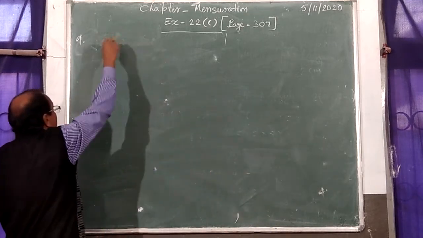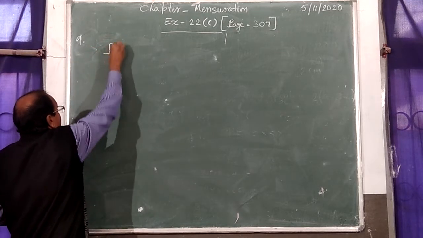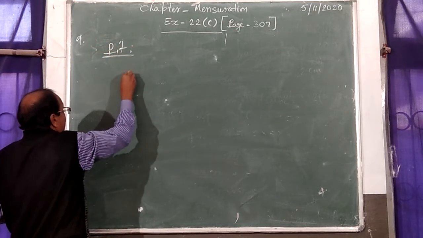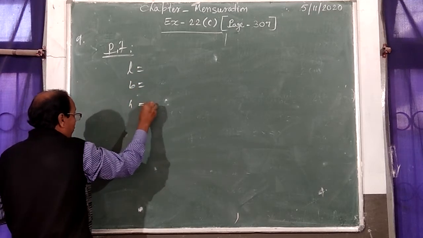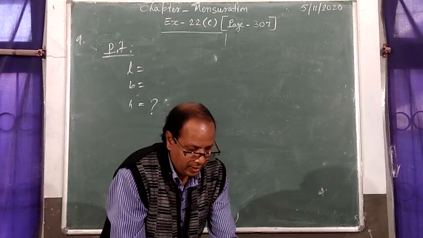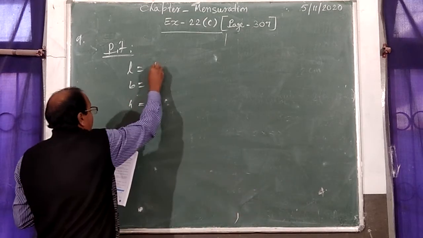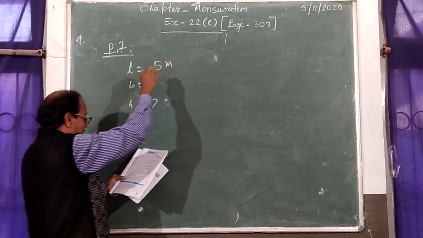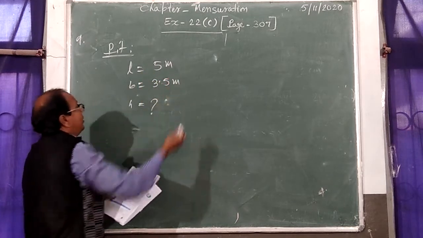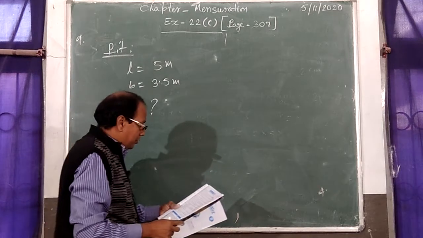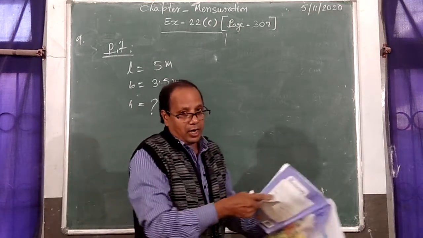Okay, let's go for the pit dimensions: length, breadth, height, of course unknown. Length here is 5 meter, breadth is 3.5 meter, and height is unknown. Of course, it is mentioned that the volume of the earth is given.